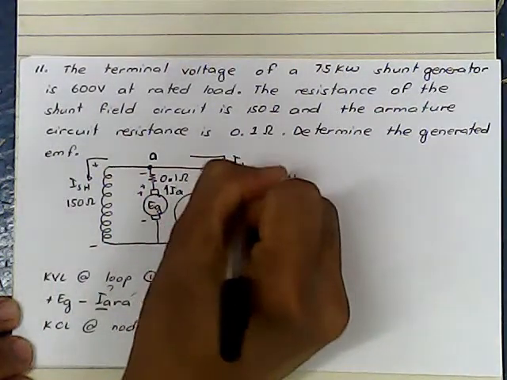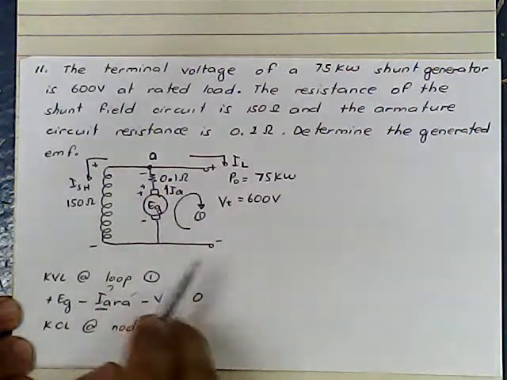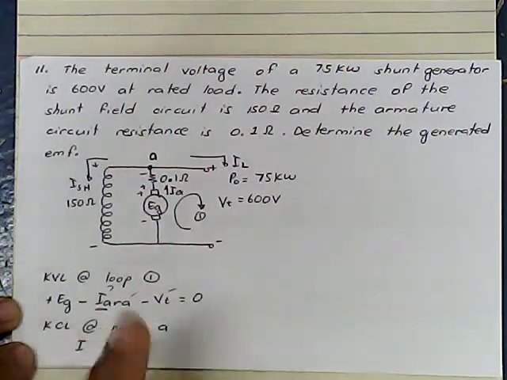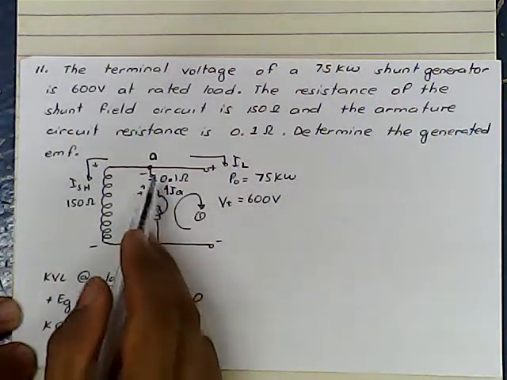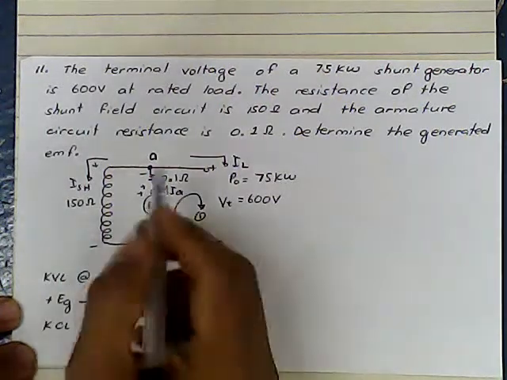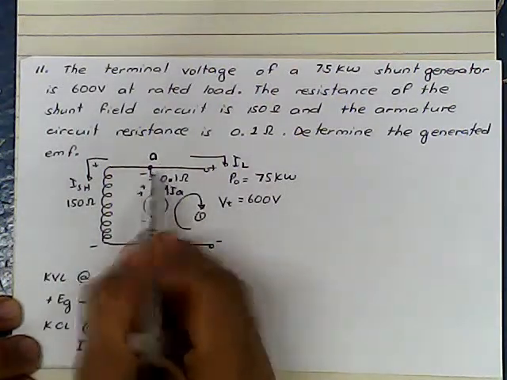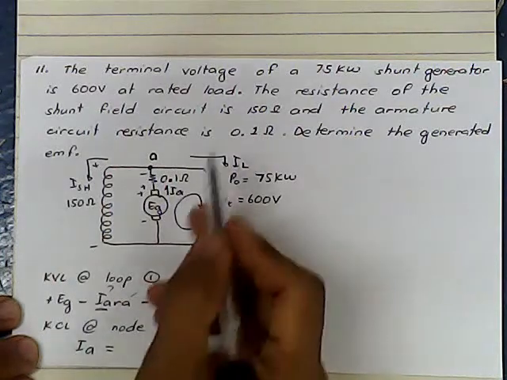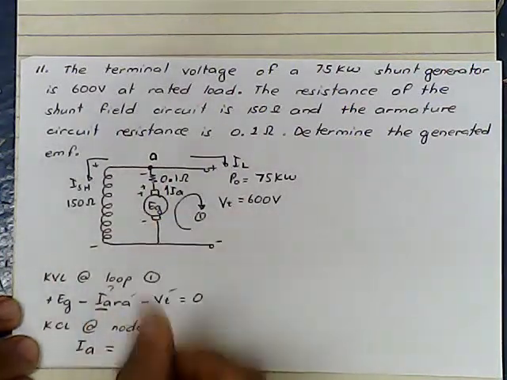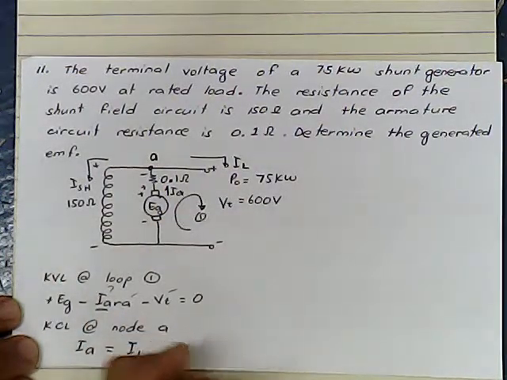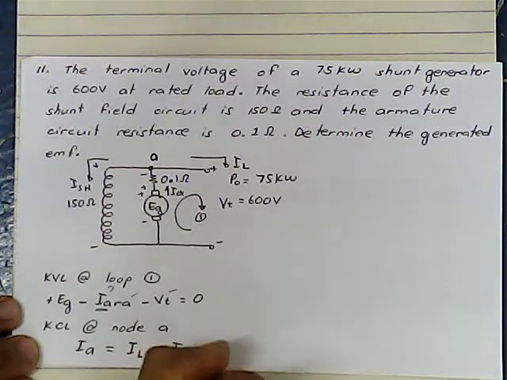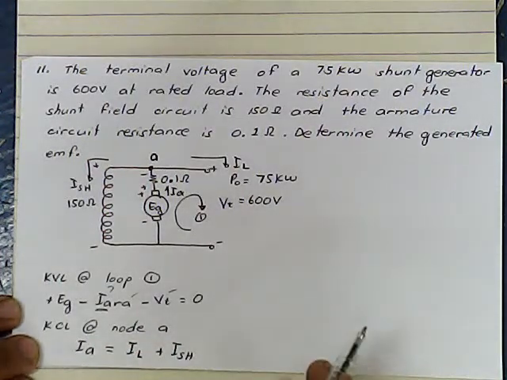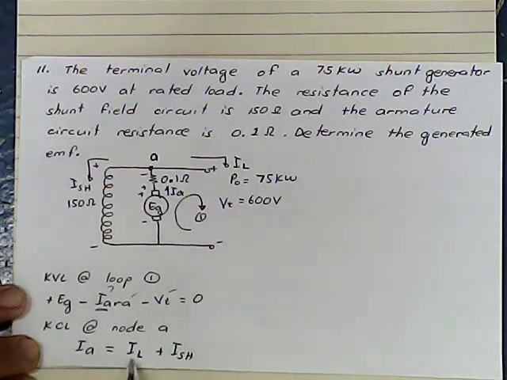Ang pumapasok lang po dito is IA. Then, yung lumalabas na kuryente naman dito is equal to IL plus ISH. Ngayon, wala pa tayong IL at wala pa tayong value ng ISH, so kinakailangan din nating hanapin ito.